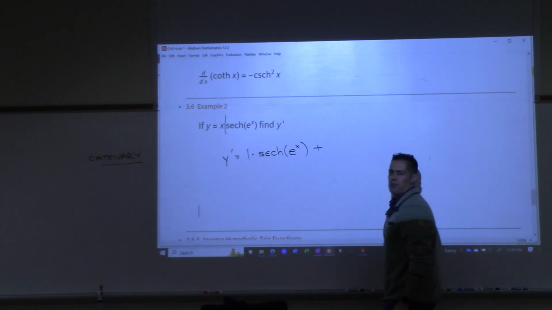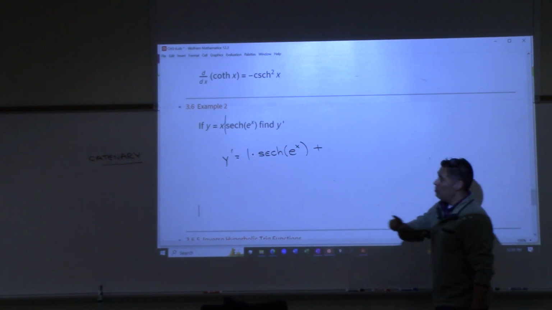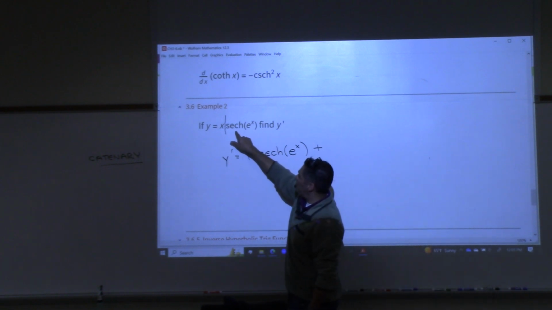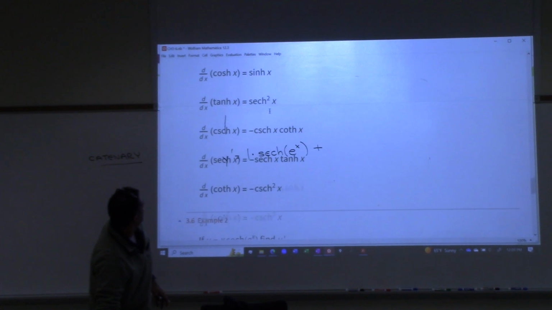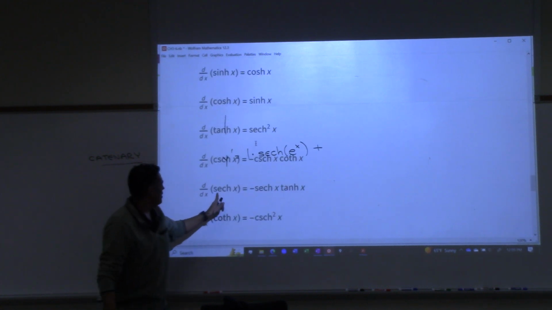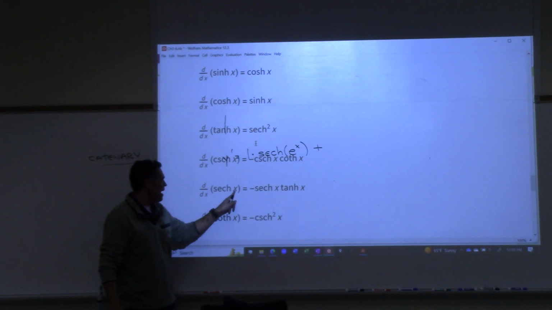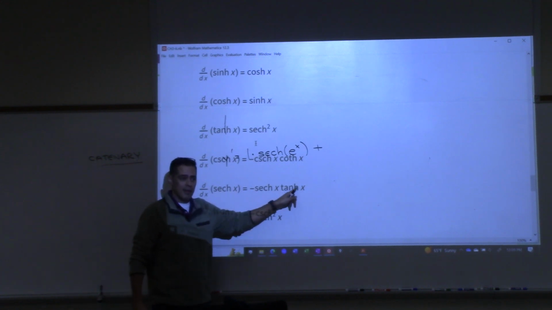plus, all right, what's the derivative of the second function? So it's chain rule, right? It's hyperbolic secant of e to the x, but wait, what's the derivative of hyperbolic secant? I don't remember. Negative secant times tangent. Yeah, I'm going to the formula sheets. Here it is. The derivative of hyperbolic secant of x is negative hyperbolic secant x tangent hyperbolic x.